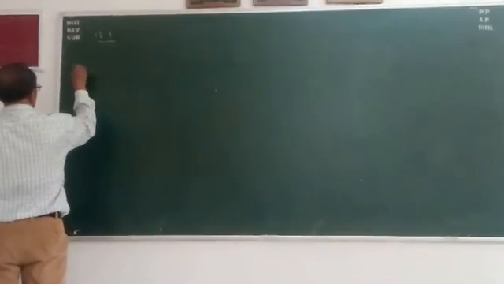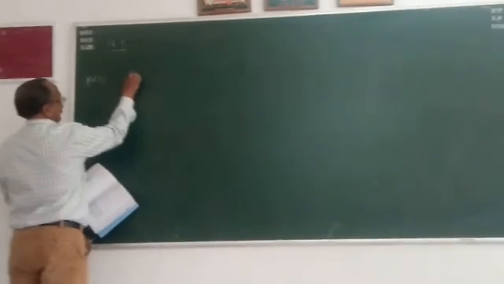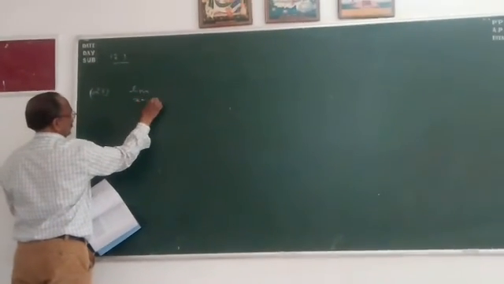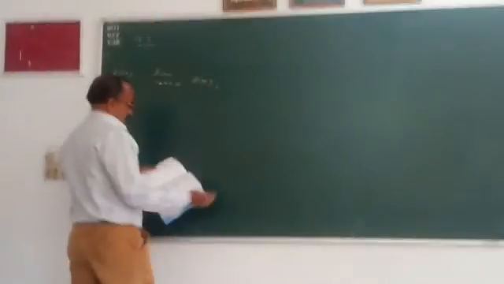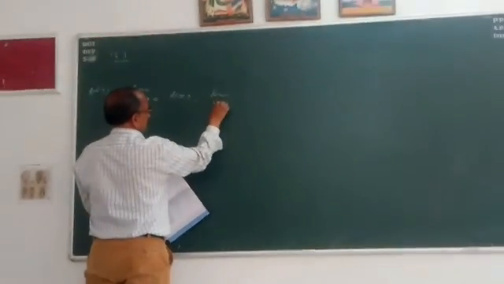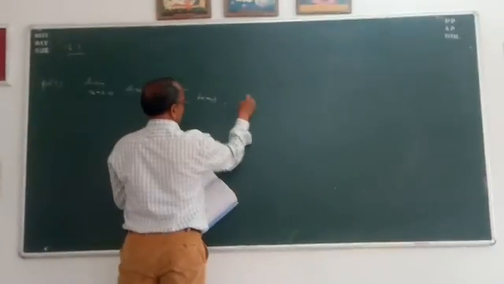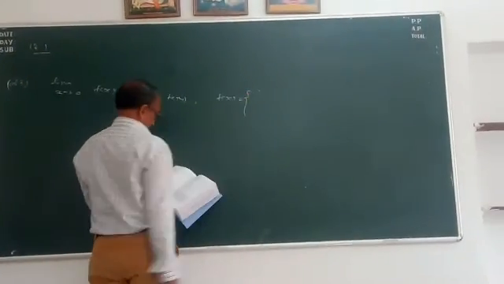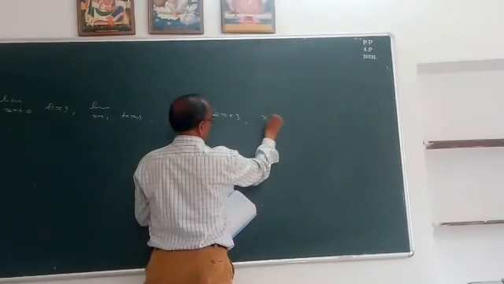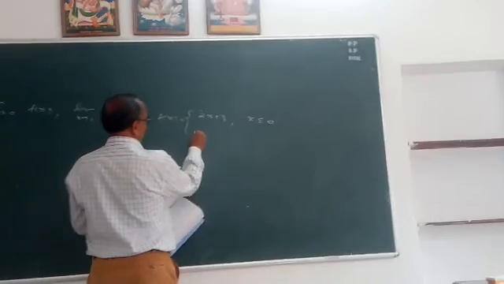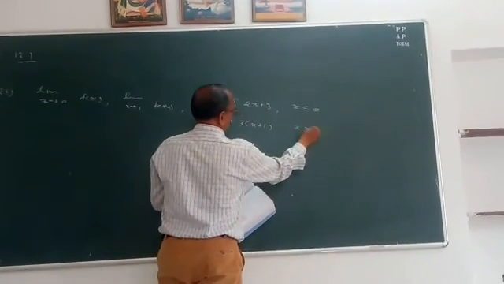Question 3 here. Changing this figure of f(x), find the limit. Look here, limit x tends to 0 f(x) and limit x tends to 1 f(x) for f(x) is equal to 2x plus 3 if x greater or equal to 0, and 3 into (x plus 1) for x greater than 0.